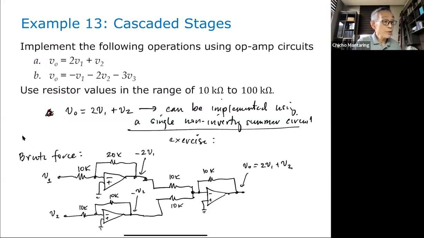Any question with regard to that? So that's brute force. If you want a nicer, more elegant solution, you can implement this using one op amp. If you want to use brute force, you can just use this particular scheme. And using this scheme, it's very easy also to implement this.